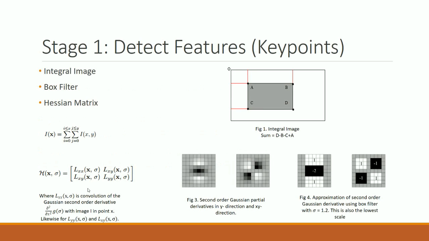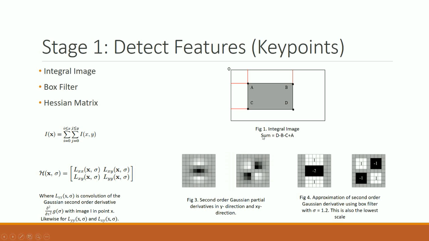So here are some of the terms which I discussed in the previous slide. The integral image. So this is the integral image. The advantage of approximating the Laplacian of Gaussian with a box filter using integral images is that it is easily calculated with the help of integral images, because you only have to do this computation.